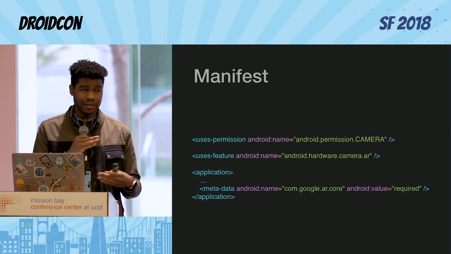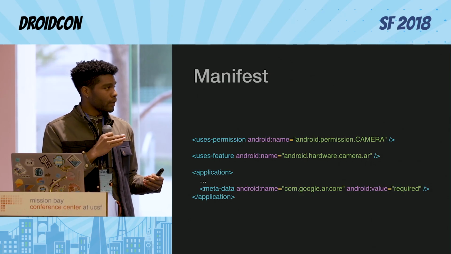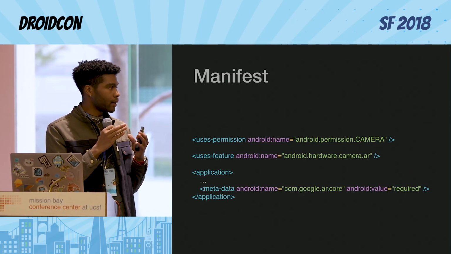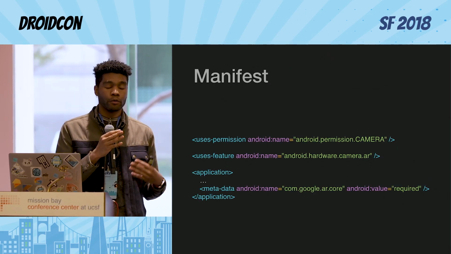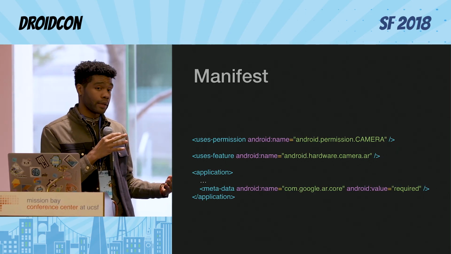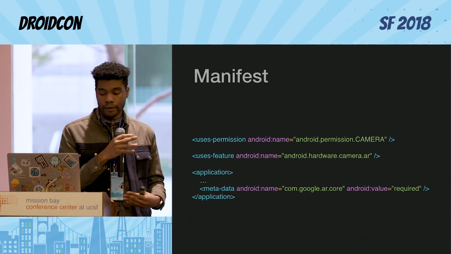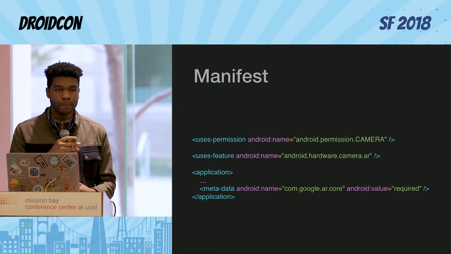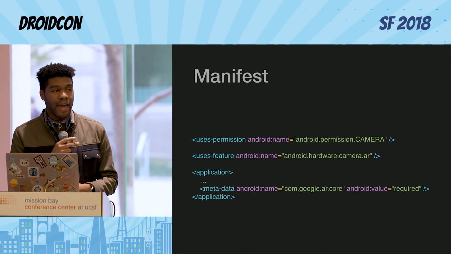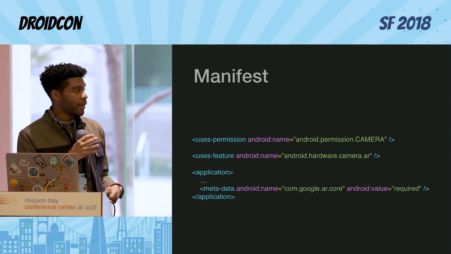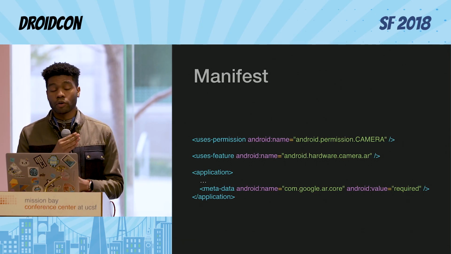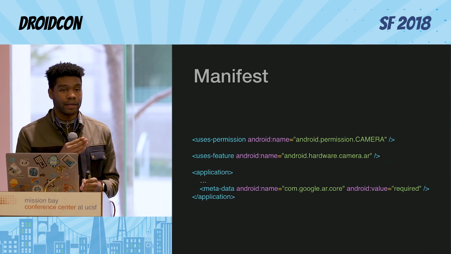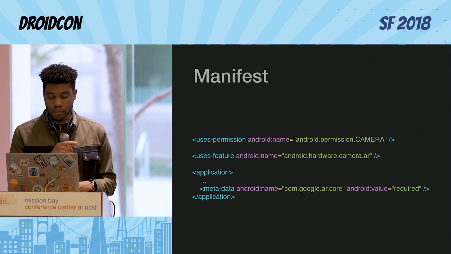The main thing that I've seen this be used for is that it categorizes where or how Google recommends your app to others. So it'll group your apps in the Play Store with AR-related apps if you set it as required. It does also have kind of like secondary effects in that if you do set it to required, then if the user denies updating their ARCore version or anything like that at any point, then it's going to close your app.